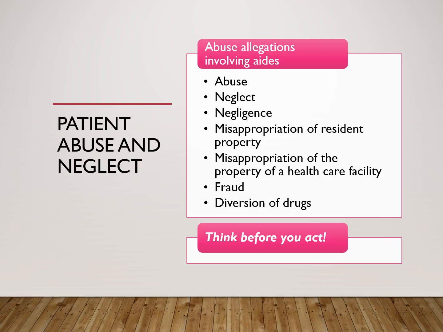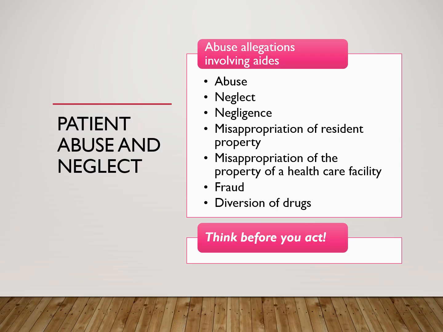So this is very serious. This is not only you not being able to work as an aide, but you could also be convicted of a crime. The aide will have a criminal record and may not be able to work in certain types of healthcare facilities depending on the type of crime committed.